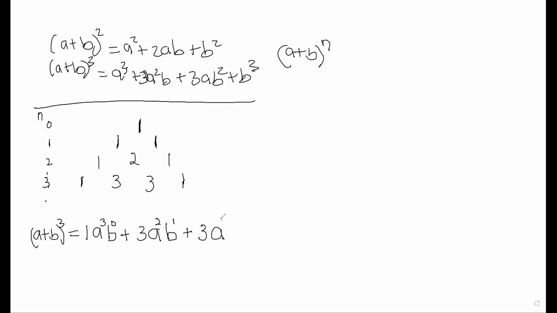It reduces by 1, it's going to be 1. And then the other one increases by 1, it's going to be 2. Then the last one is going to be 1. Then a now will be 0. Then b will be 3. Then if you clean it up, that's how it ends up being 3a squared b plus 3ab squared plus b cubed.